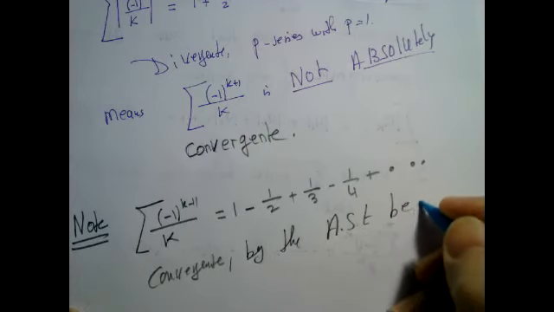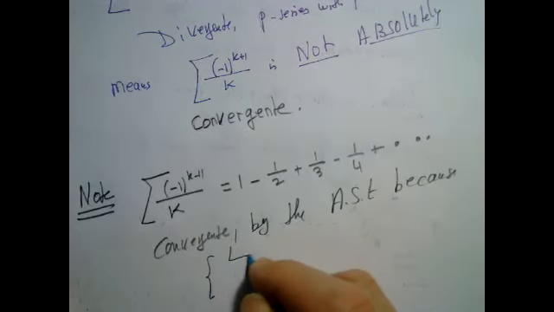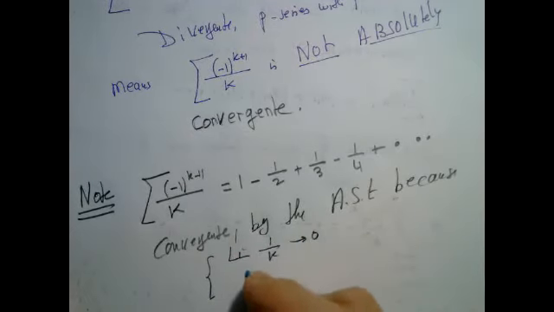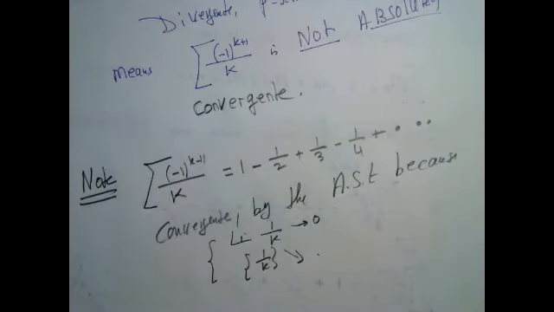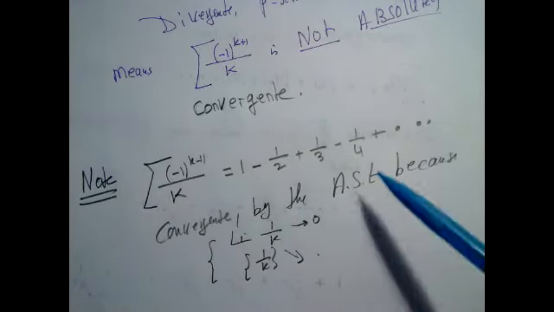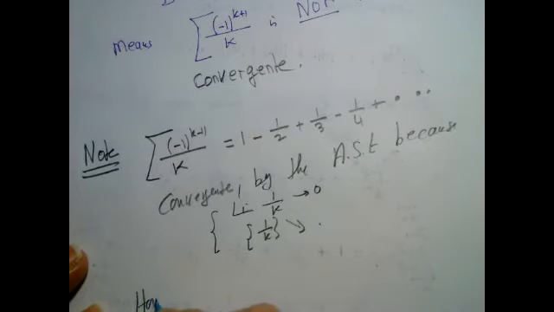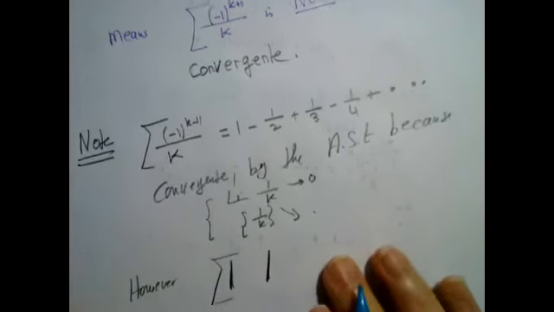Because, of course, the terms 1 over k go to 0, and the sequence 1 over k is a decreasing sequence. So this series converges by the alternating series test. However, when I put the absolute value, it diverges.